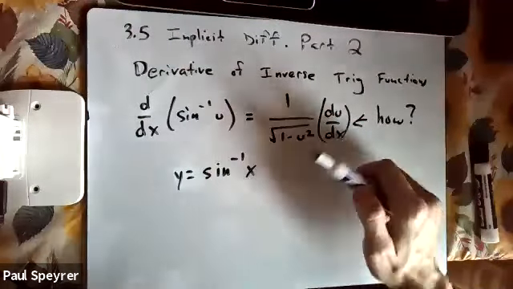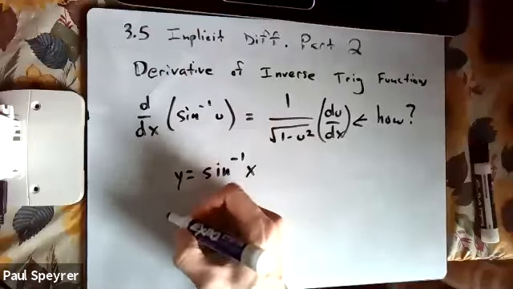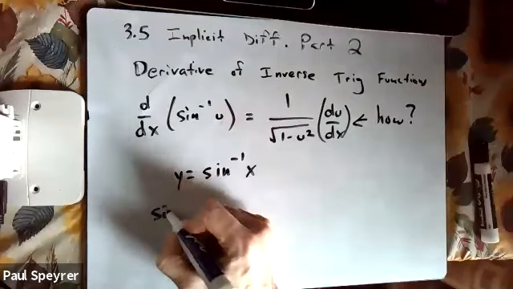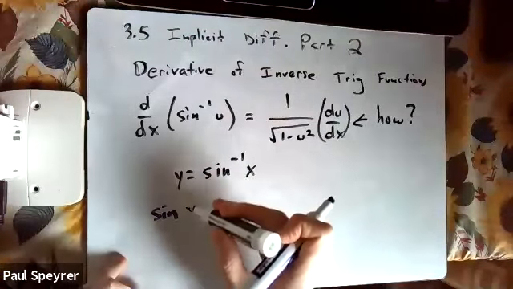Well, we know the derivative of sine, correct? Derivative of sine is cosine. So what we can do is take the sine of both sides.